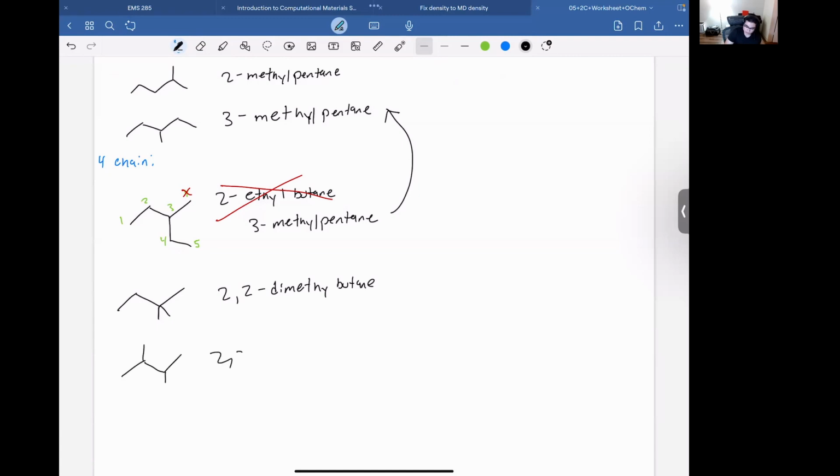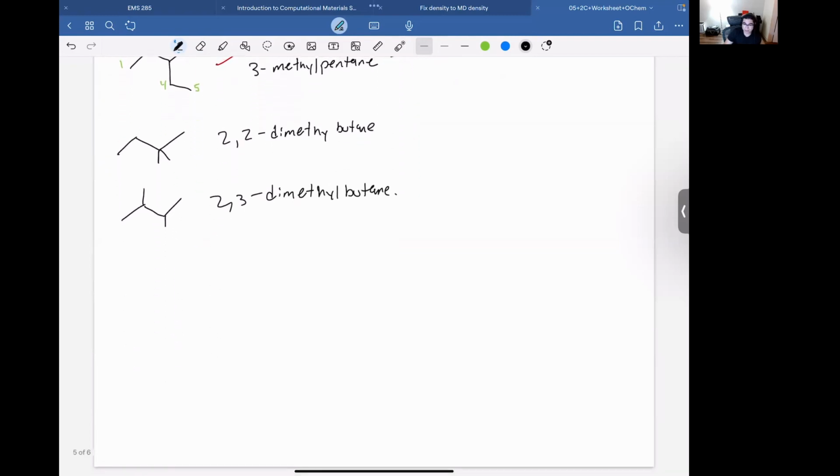And this would be 2,3-dimethylbutane. Then that's it. Going on to a 3 chain, you can only stick stuff on the middle one, and you end up getting the same molecules that we've already had. So I won't draw those out.